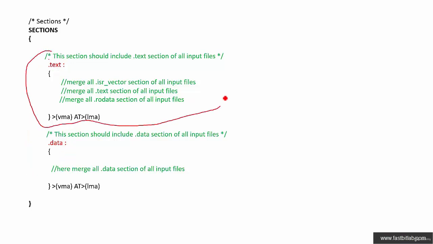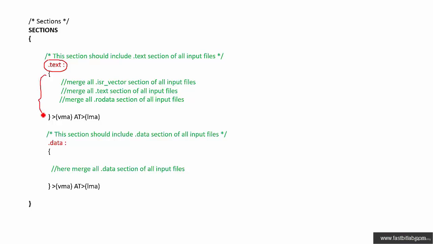Let's take this example. This is one of the output sections which we want to create. Here, this is the label of the output section. This label can be anything, it depends on you. You can give any name you want, but you have to follow some standard naming convention. This is the output section name.